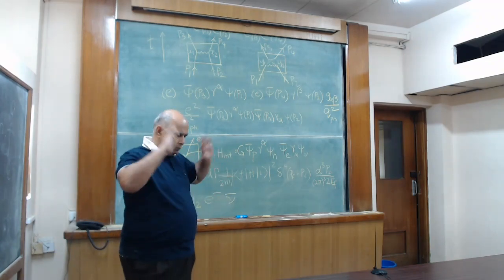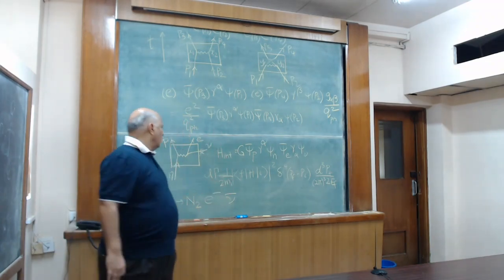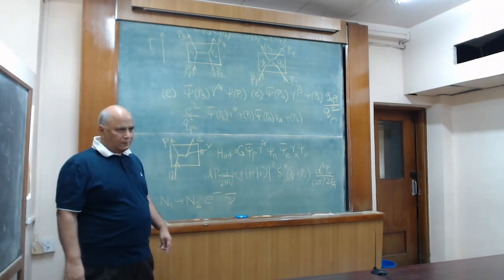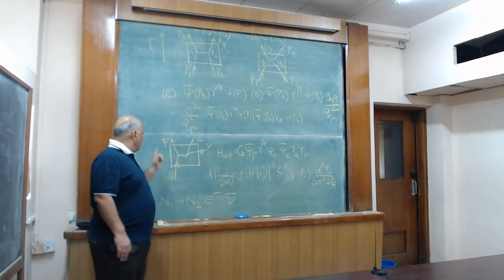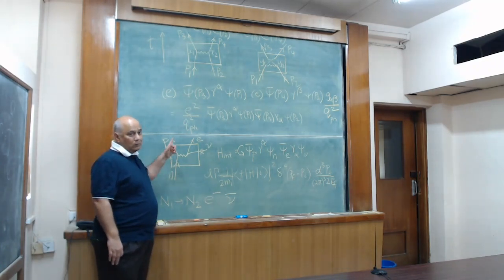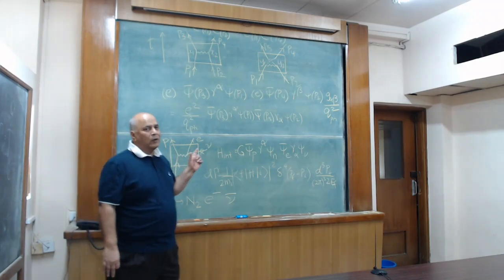So let us sort of close our eyes and write such a particle. But you see, a neutron is turning into a proton. The charges of neutron and proton are different.